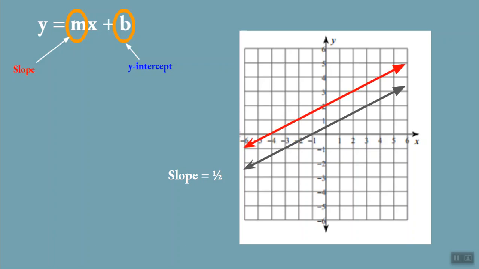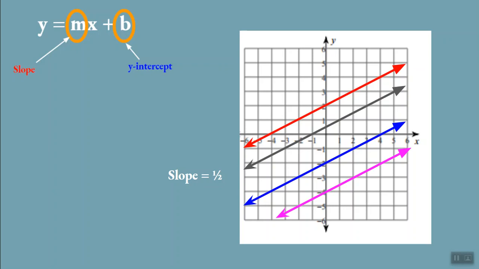It could also be this red line. Though it isn't the exact same line, you can tell that it's very similar. In fact, it has this exact same slope, it's just moved up a little bit. It could be that blue line, or it could be this purple line. Every single one of these lines has a slope of positive 1/2.